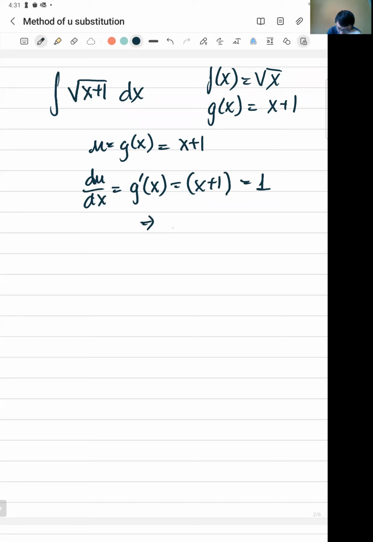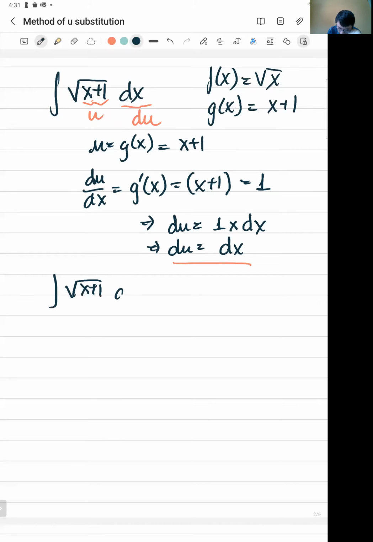If I rewrite this, I get du equals 1 times dx, so du is equal to dx. So I can rewrite dx as du. The second part is that I can write x plus 1 as u. By rewriting this again, I can write it as the square root of u du, right?